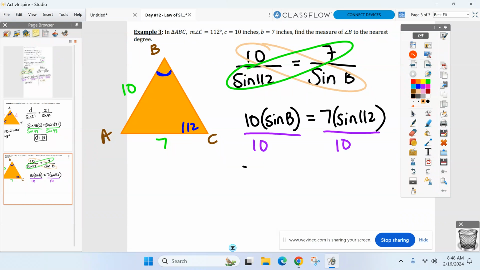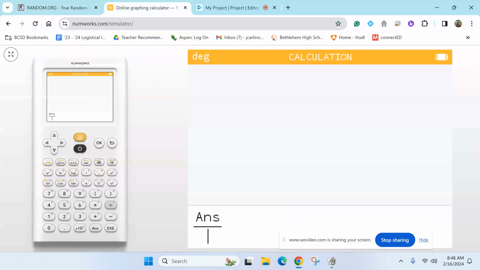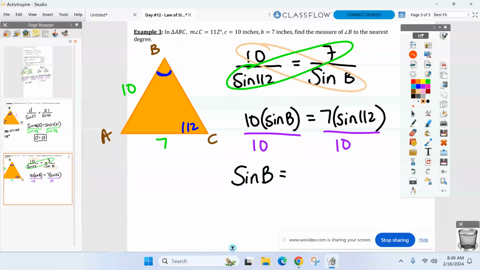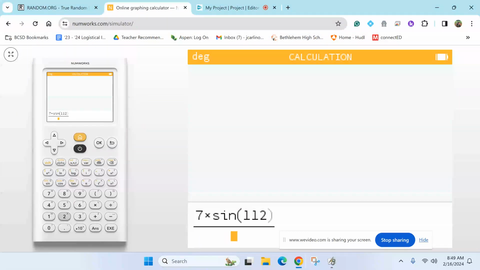So I have sine of B by itself equal to, now everyone's going to the calcs, and so will I. See what this is going to equal. 7 times sine 112, divided by 10.